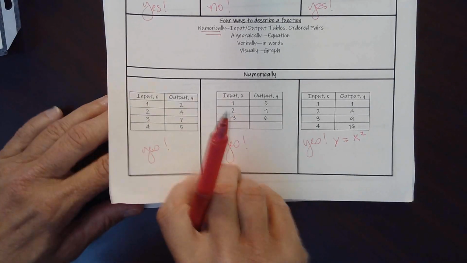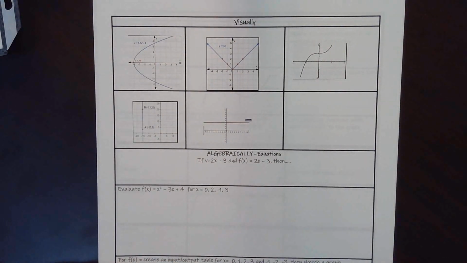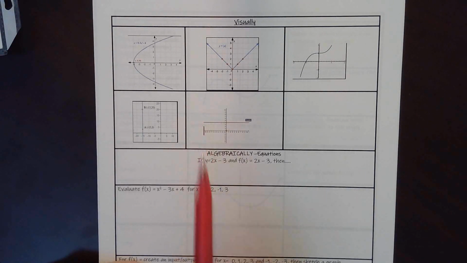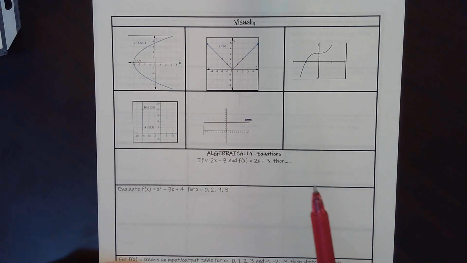description of a function. I'm going to go to page 2 of your notes. Here I've got 5 graphs, and I want us to determine if these 5 graphs represent functions.